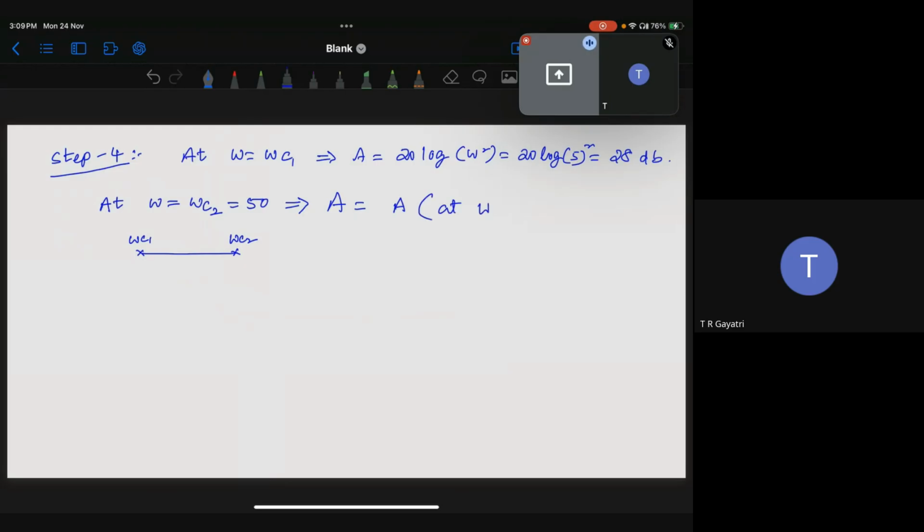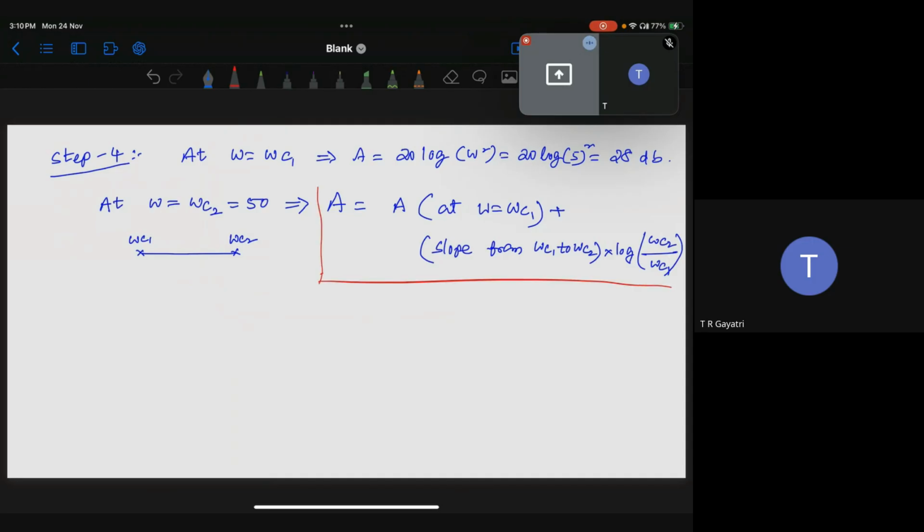So A value at omega is equal to omega C1 plus the slope from omega C1 to omega C2, multiplied by log omega C2 by omega C1. This is how we will calculate the A value at the next point. The same formula is applicable for any other omega c's.